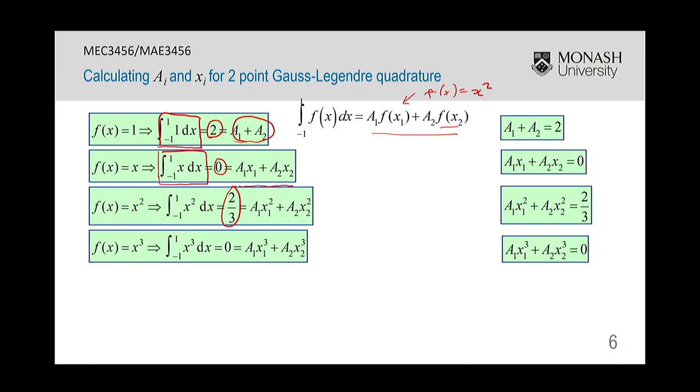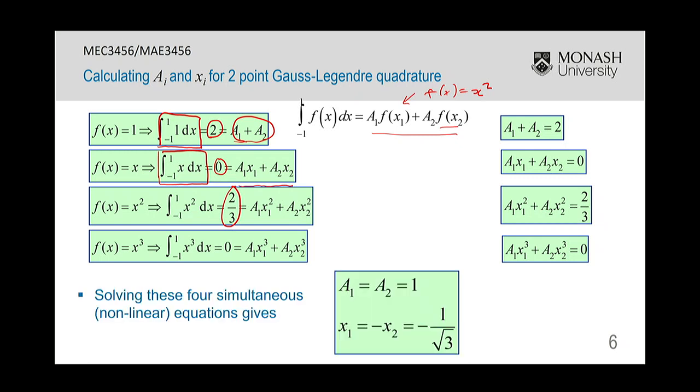So we have 4 unknowns and we have 4 equations. Now, if we solve these equations, and they're non-linear equations, we get that a1 is equal to a2 is equal to 1. In other words, the weights are the same and they're both 1. And that x1 is the negative of x2, and x1 is equal to negative 1 on root 3, so therefore x2 is equal to plus 1 on root 3.